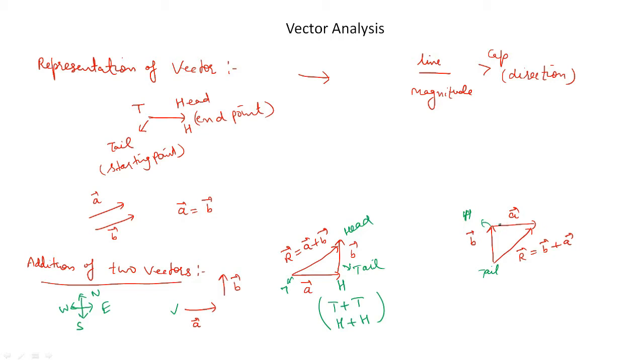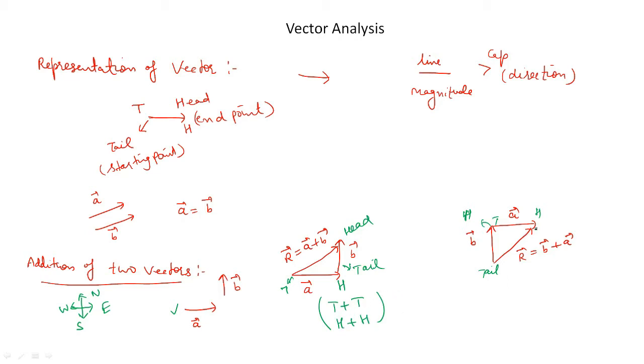So I will start from the head of the vector B. Now this is the tail of the vector A and this is the head of the vector A. Now I draw a line from the tail of the vector B to the head of the vector A. Now I will make an arrow according to the rule that tail will match the tail and head will match the head.